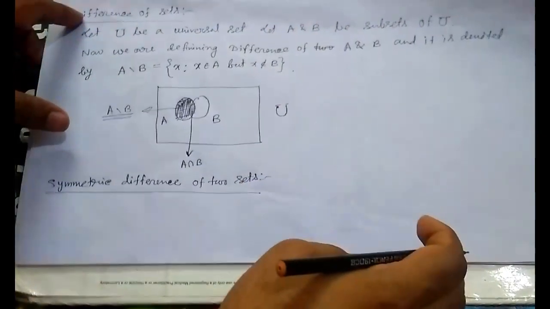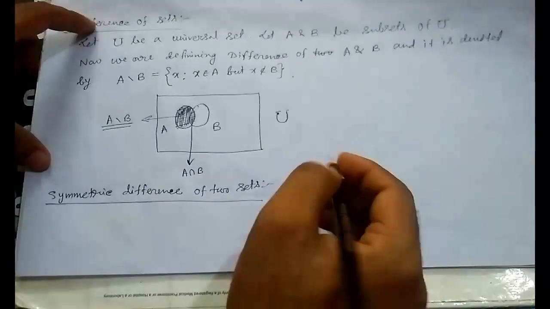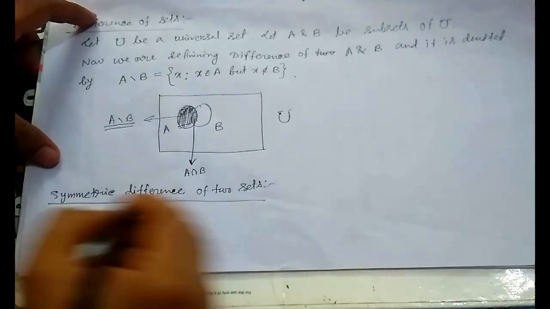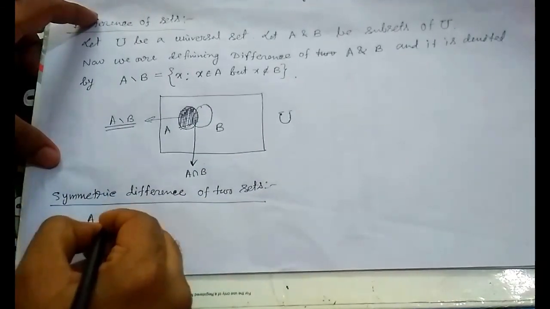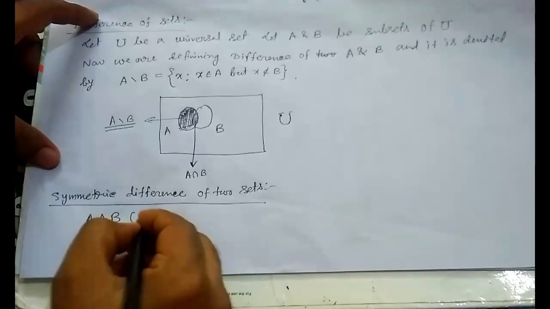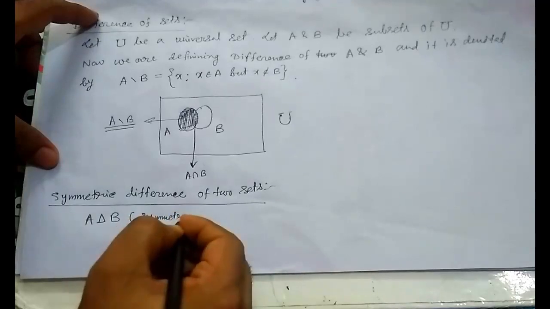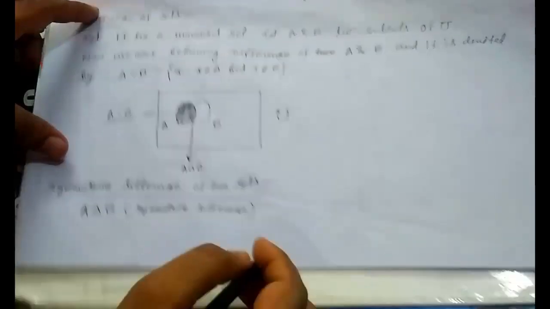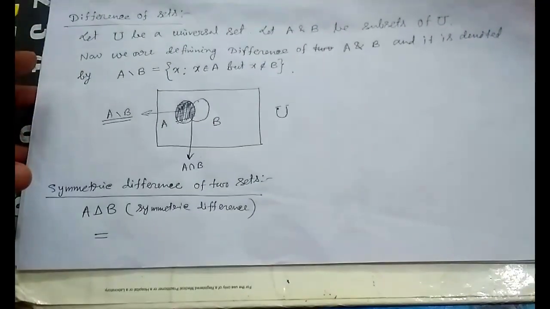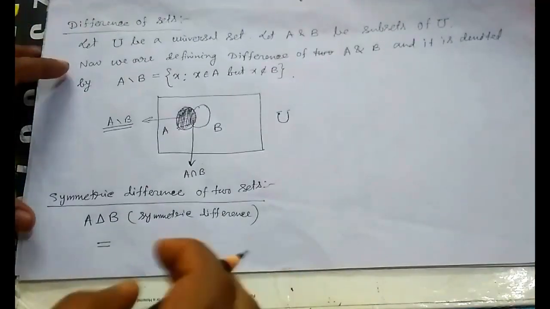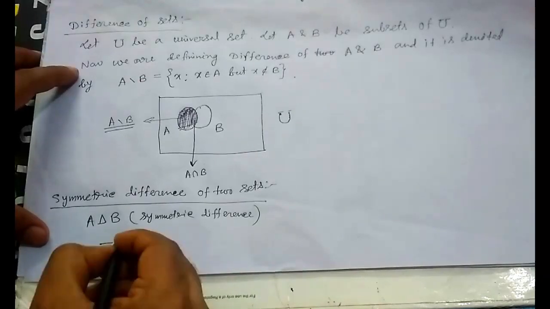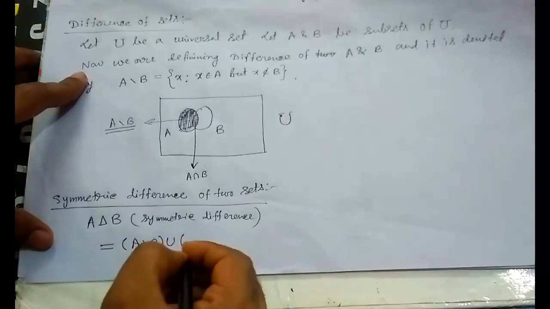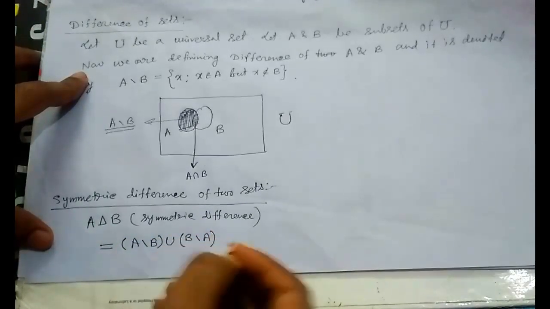Again, I am taking the subsets A and B of the universal set U. So symmetric difference of A and B is denoted by A delta B. Okay, this is our symmetric difference, and this is equal to A minus B union B minus A.